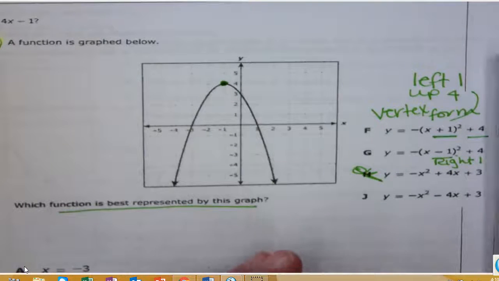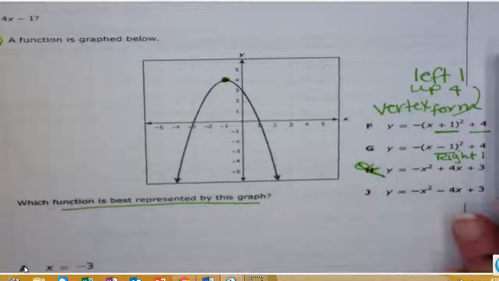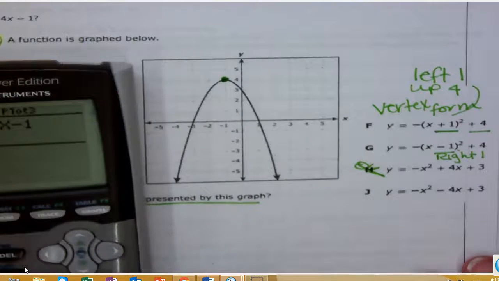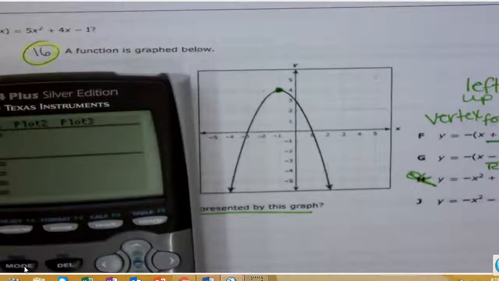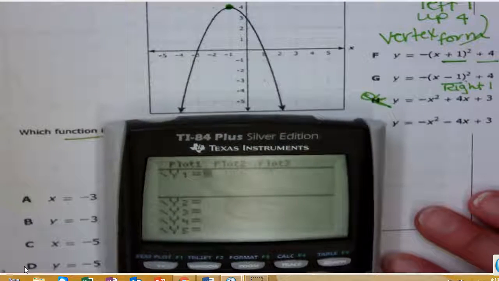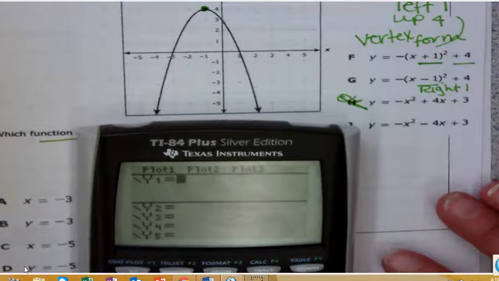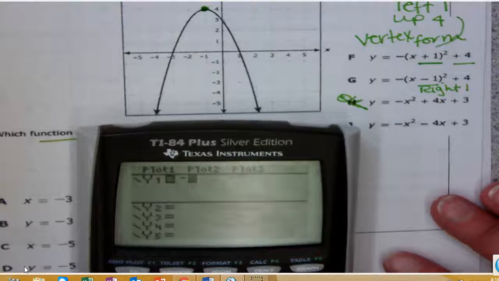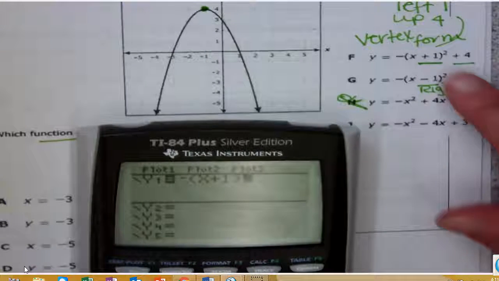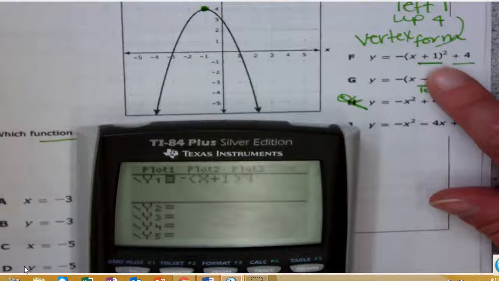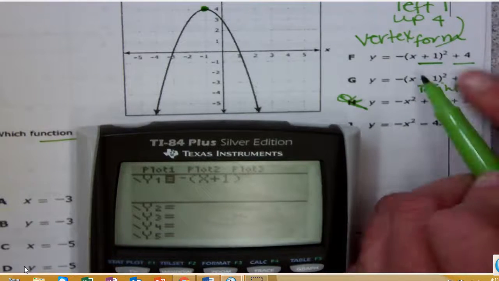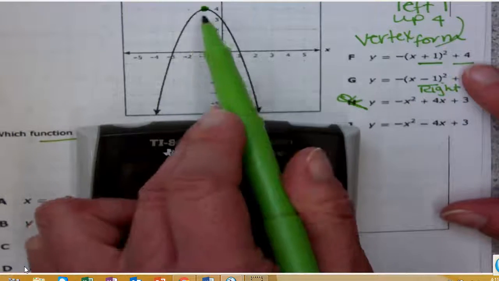So if I plug these in my calculator, y equals negative, parentheses, x plus 1. I'm going to plug this one in because this is the one that I think it is. It's moving it to the left, just as we think, and it's moving it up 4.